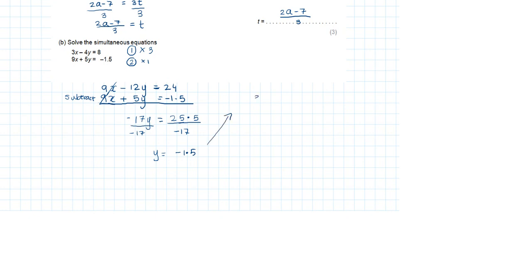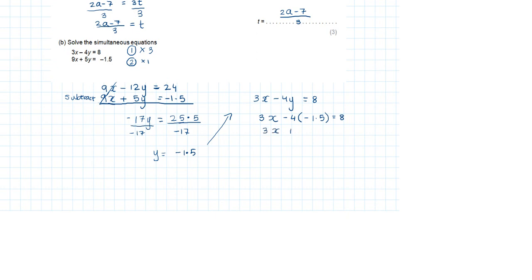So 3x minus 4 times minus 1.5 equals 8. 3x plus 6 equals 8.